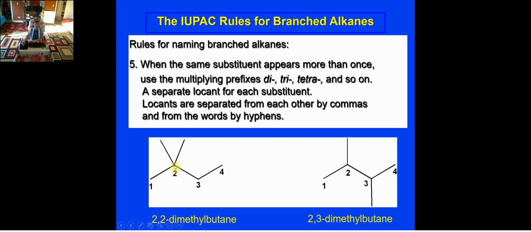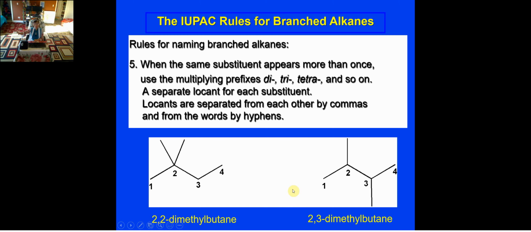In the second carbon, you have one methyl, two methyls. Therefore, you call it 2,2-dimethylbutane. Between 2 and 2, you use a comma to separate two numbers, and then followed by a dash.